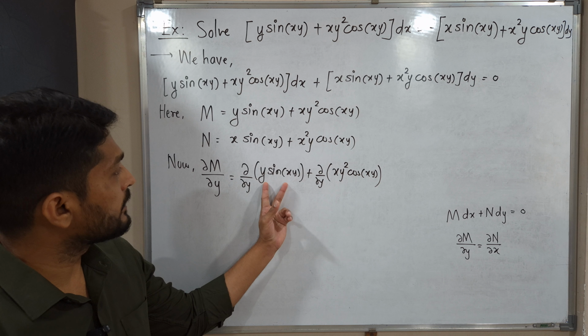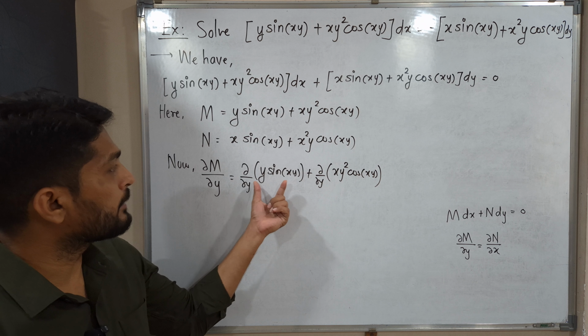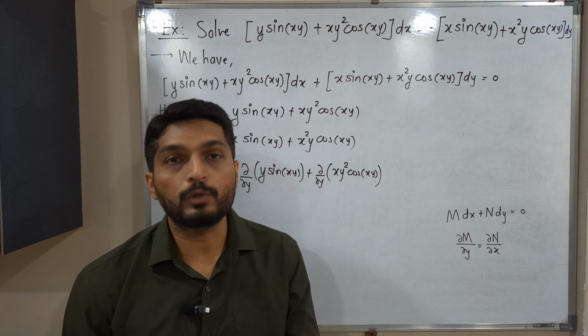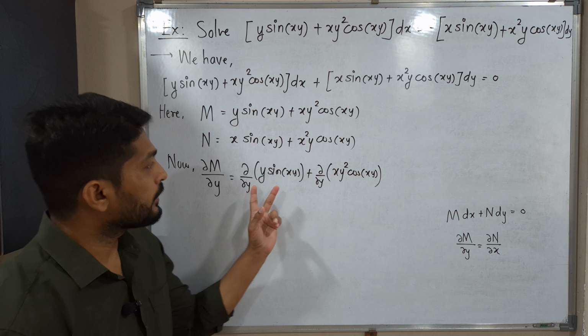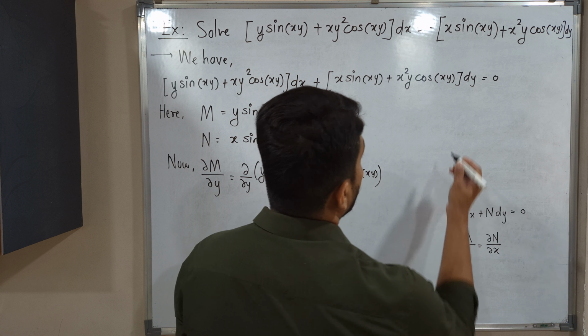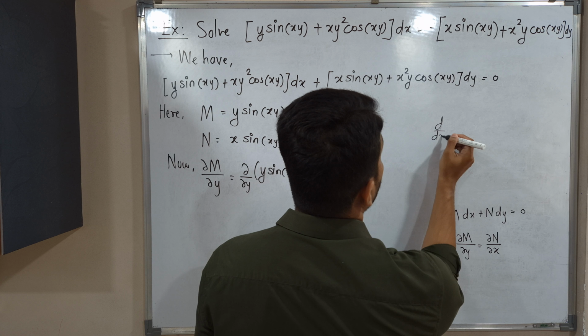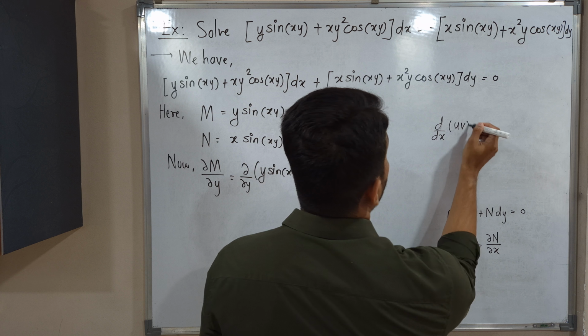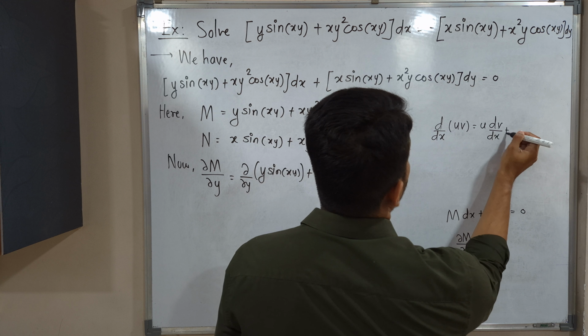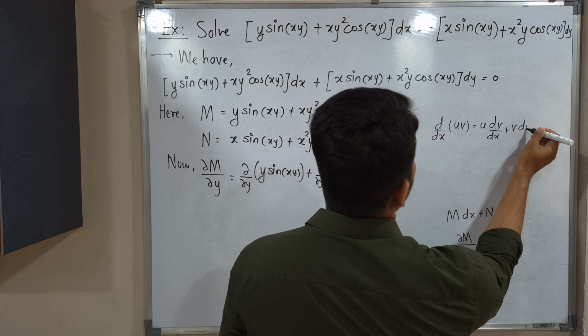Here we have two terms, y and sin xy, and in both terms we have y, so there is no constant. If there is a product, I have to use this formula to find the derivative: derivative of u into v is u times derivative of v plus v times derivative of u.